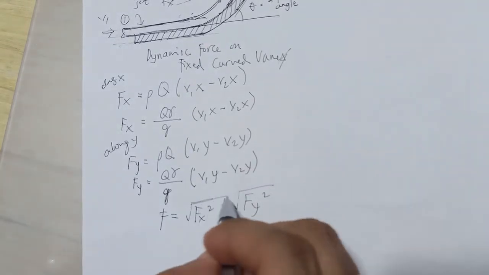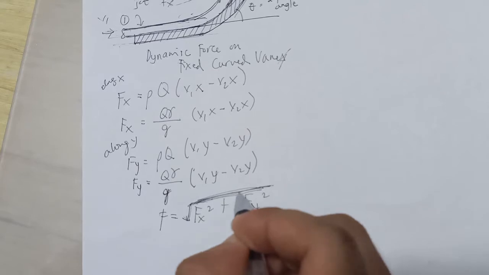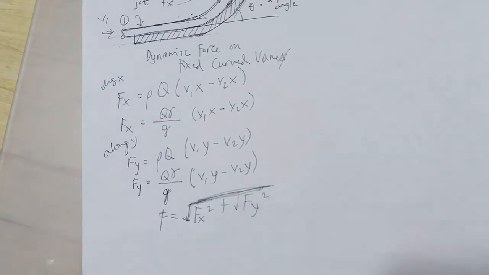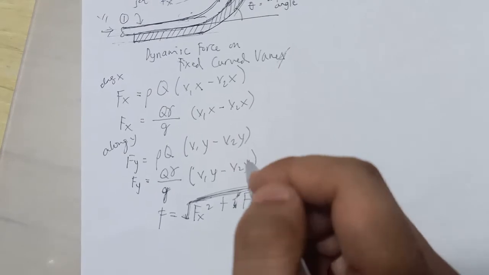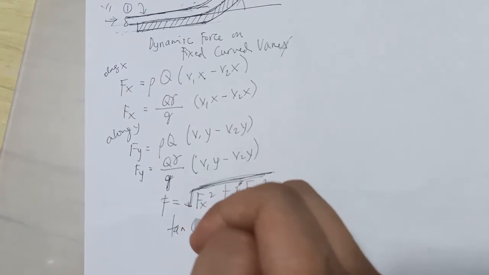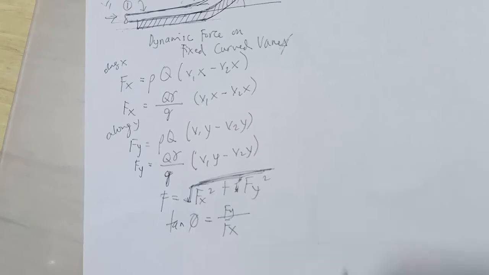I mean, the square root of the summation of the squares of Fx and Fy. And tan phi is Fy over Fx. Right? So, example.